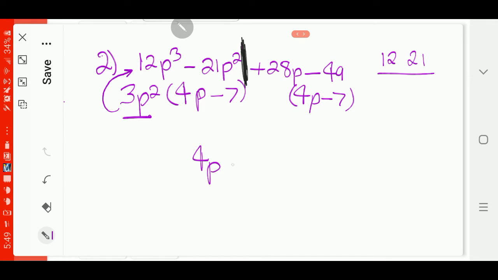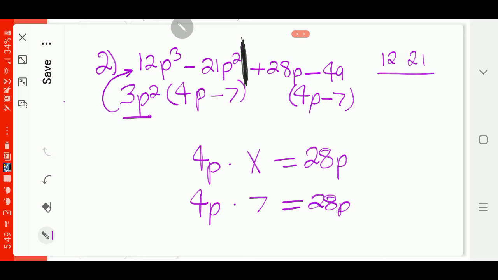So 4p times x equals 28p. So what is that term? This term ends up being, after you take a moment to think about it, 7. So 4p times 7 gives you 28p.